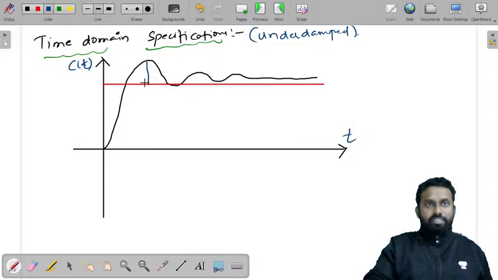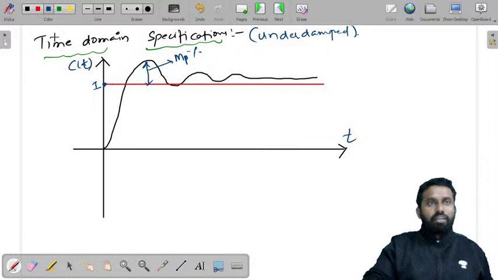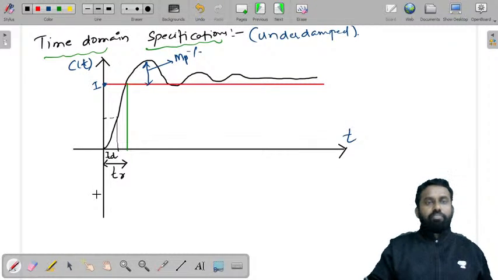Now this difference we call MP, maximum peak overshoot, and it is expressed in percentage. This is 1. The time taken to reach this 1 or 100%, we call it rise time. And 50% of this we call TD, delay time.